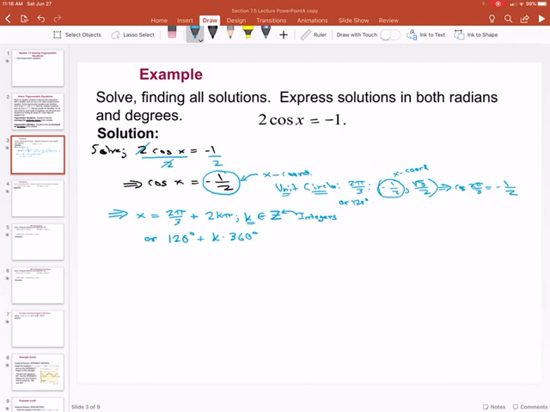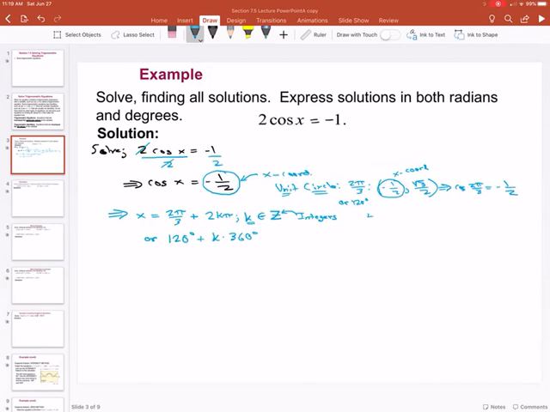Now let's go back to the unit circle. We also have, on the unit circle, quadrant 3 with our 60-degree mark, which is 180 plus 60, which is 240 degrees, or in radians, pi plus pi over 3, which is 4 pi over 3.